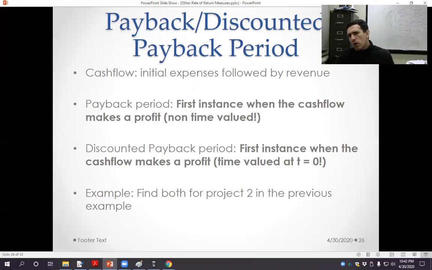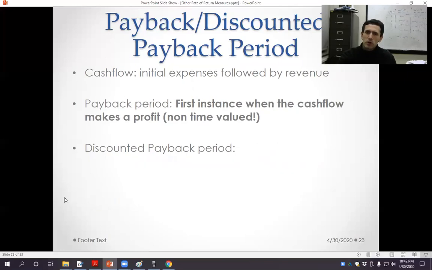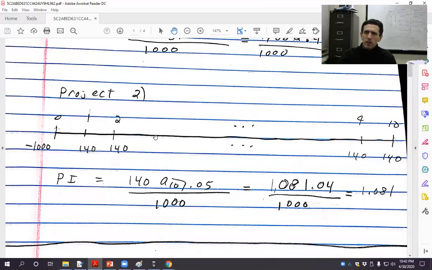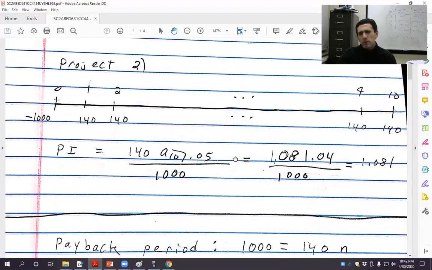So let's find both for project 2 in the previous example. Remember, project 2 had this timeline as follows. For the payback period, there's not a whole lot to this. When are you going to make a profit?